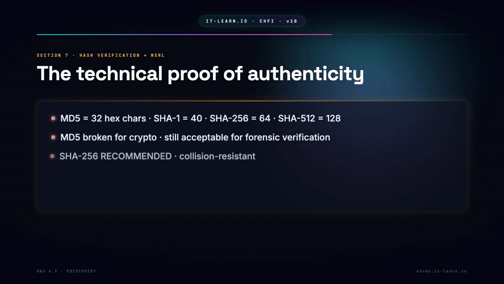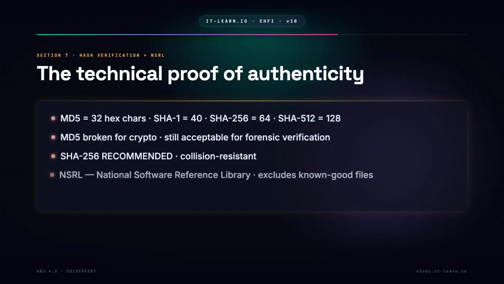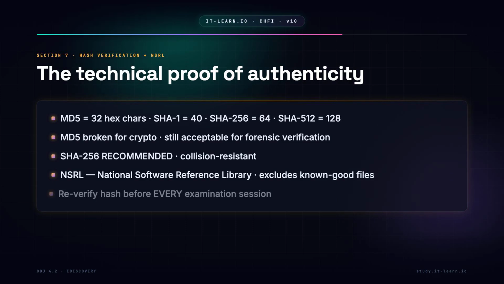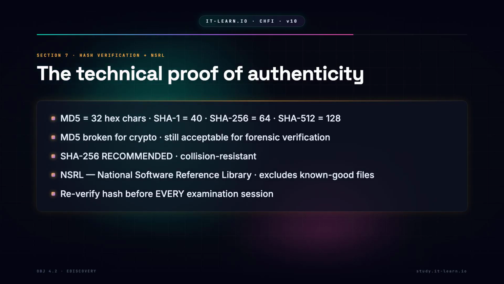SHA1: 160 bits, 40 hex characters, deprecated for crypto, still used in forensics. SHA256: 256 bits, 64 hex characters, collision resistant, recommended. SHA512: 512 bits, 128 hex characters, maximum security, rare in forensics. Best practice: compute both MD5 and SHA256.